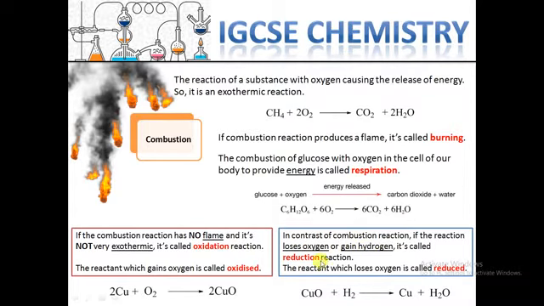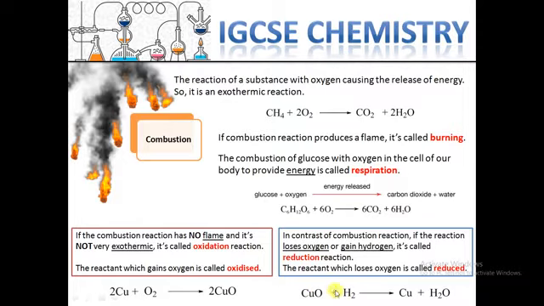we call reduction. The reactant here which loses oxygen, we call reduced. Here copper oxide is a reduced substance because it loses oxygen or gets hydrogen.